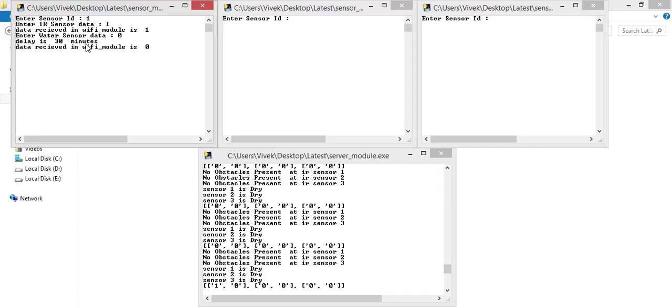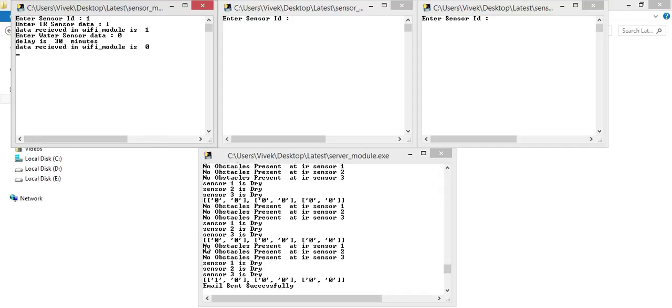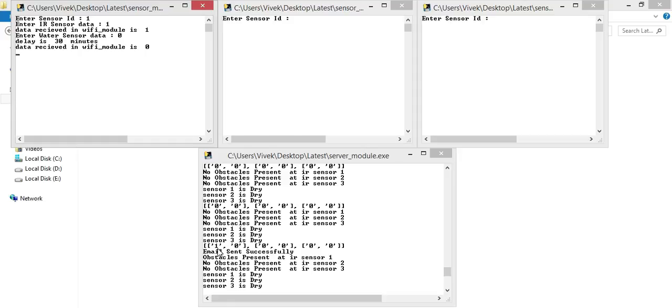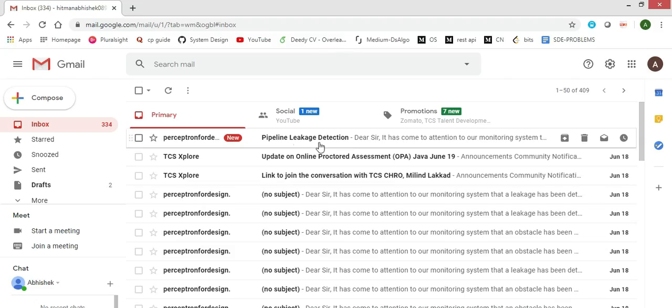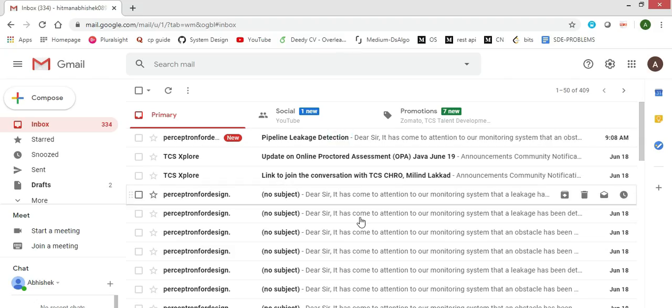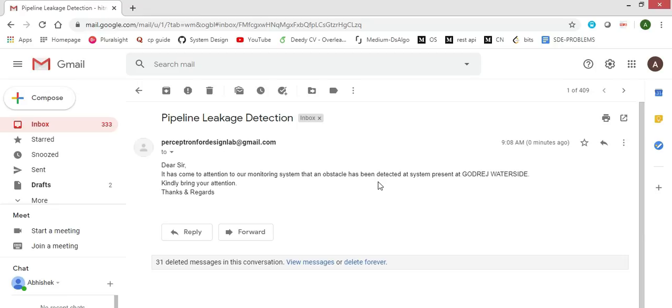The delay here is 30 minutes, that is 30 seconds for this simulation, and we can see that it has been updated in our server and an email has been sent to the authorities. When we check our email, we see an email which says that an obstacle has been detected at the system present at Godrej water site.